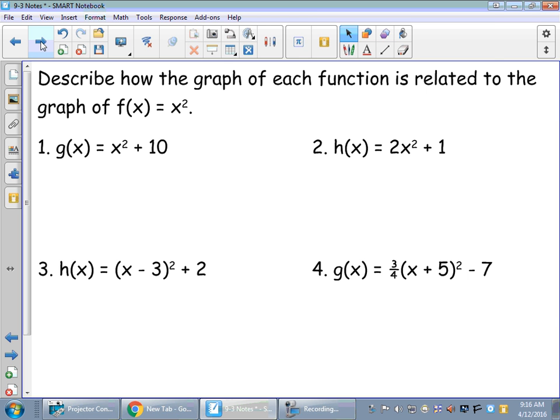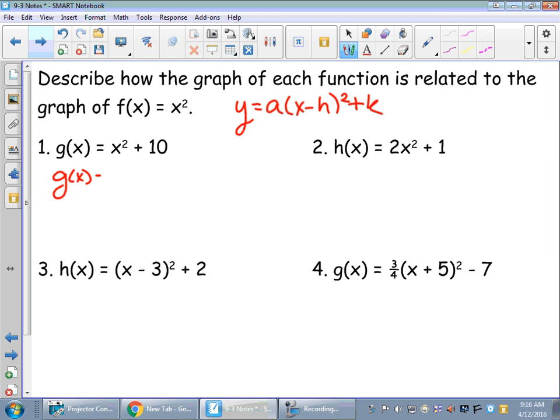I'm going to write down the vertex form here just so you understand what it looks like. This is how the book writes things. I don't see an A, I don't see an H, and I just see a +10. So a helpful hint, until you get used to this, is put in the A value. If it's missing, it's a 1 out in front here.